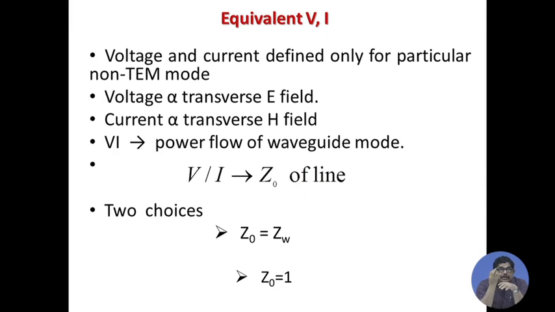Now, there are 4 guidelines. The first is, you know every mode, you know what is the transverse field. So, voltage should be defined proportional to the transverse electric field. This is the first dictum. The second one is, the current also should be made proportional to transverse magnetic field.